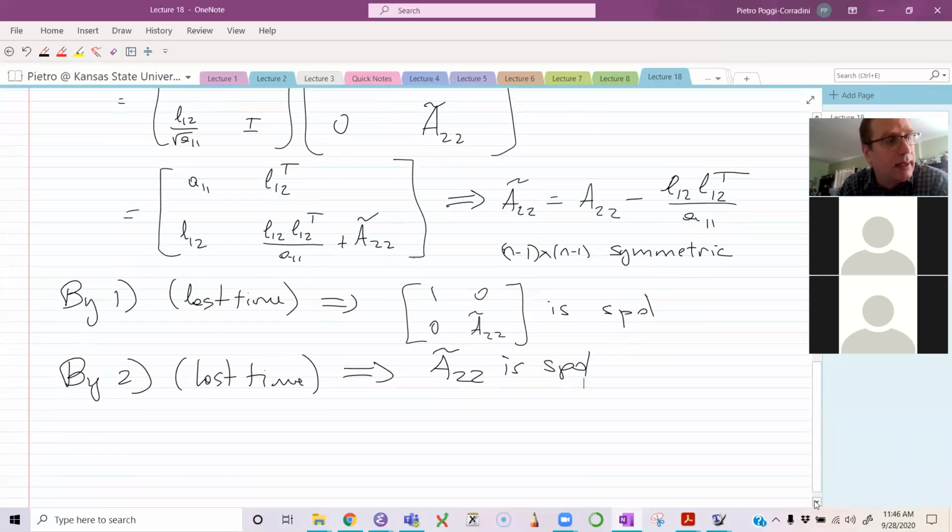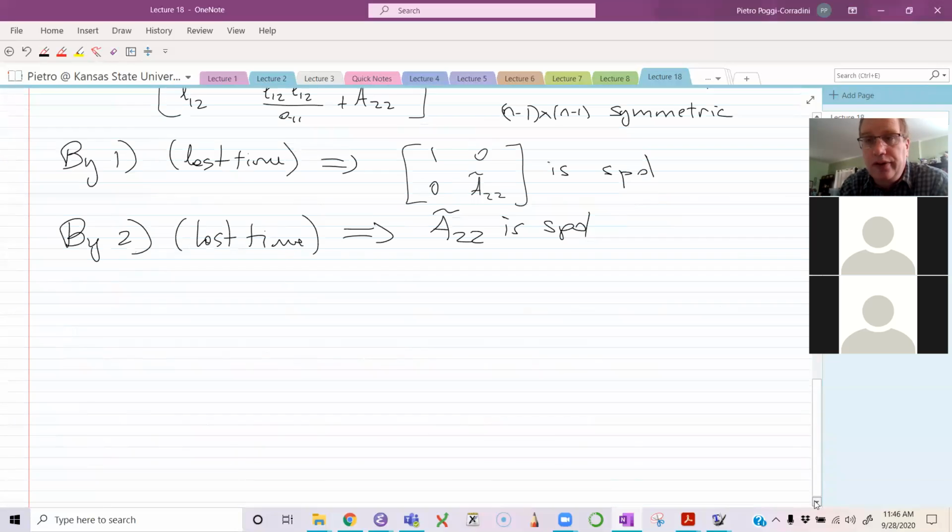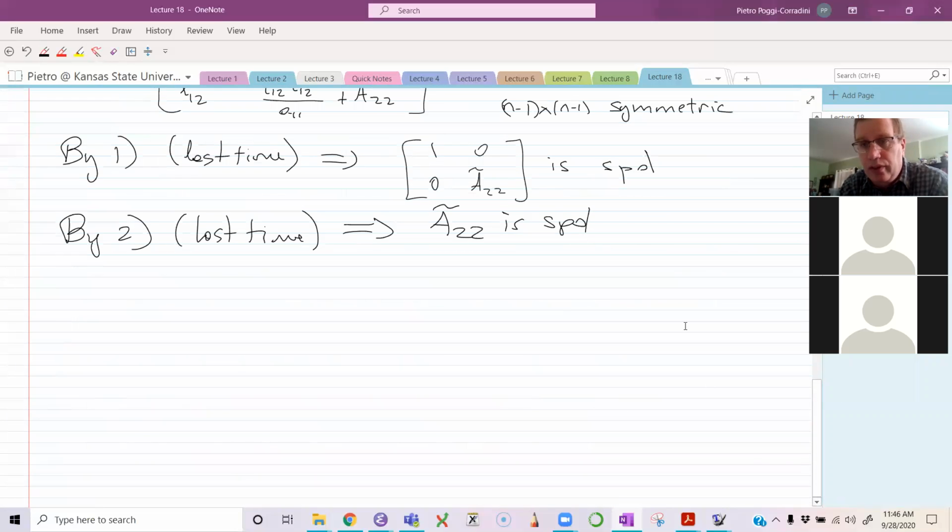Positive definite. Now we can use the induction hypothesis because we are doing an induction on the size. So we know that for n-1 by n-1 matrices, it's true. If you're SPD, you have a Cholesky factorization.